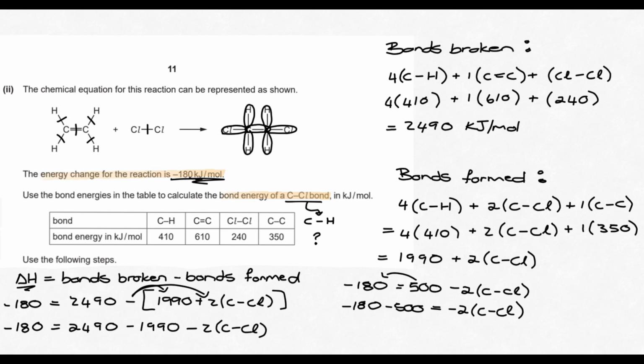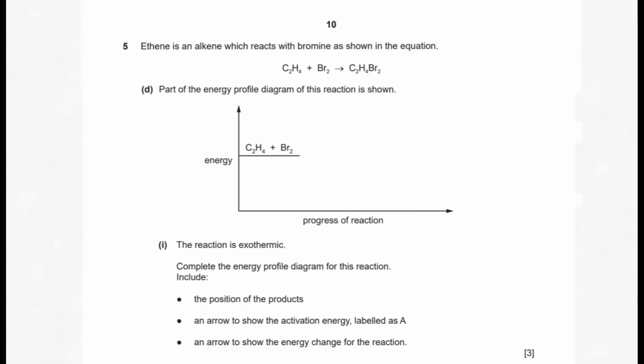This will give me negative 680 is equal to the negative of my 2 carbon-chlorine bonds. I'll then divide both sides by -2 and I'll get my value of my carbon-chlorine bond as 340 kilojoules per mole. This means that 340 kilojoules per mole is given off when a carbon-chlorine bond forms in my reaction. Let's have a look at the next question.